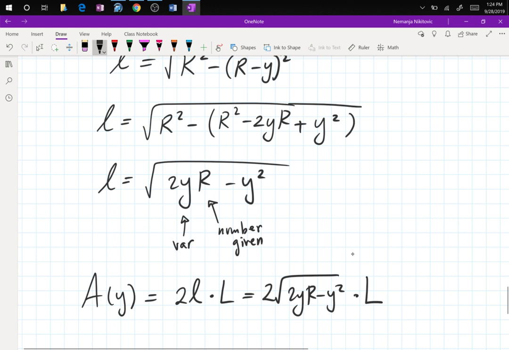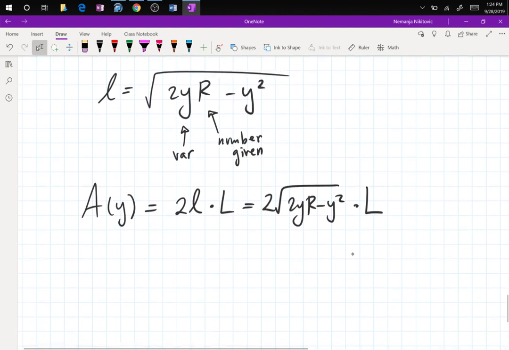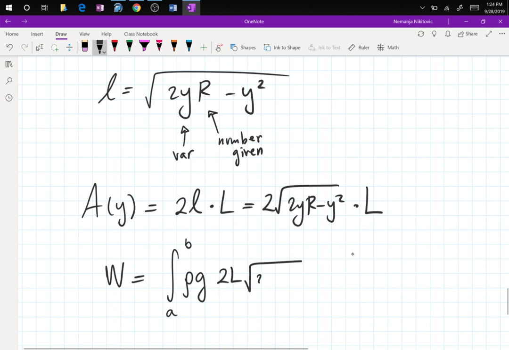So now you have this, and then to calculate the work done to pump the water out, you have your integral, and then you have your rho and your g. You have your A and B limits, right? Depends on how much water you're pumping. And you have your 2L square root of 2YR minus Y squared times the distance, how far you go, minus Y, dY.